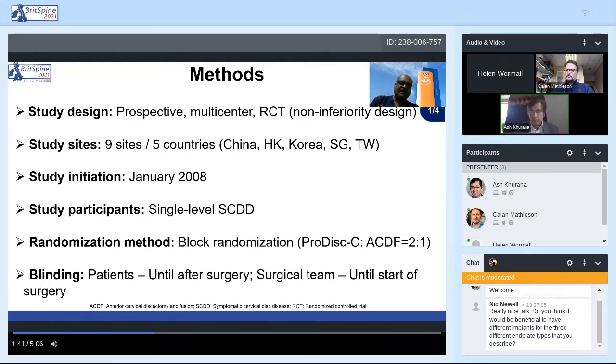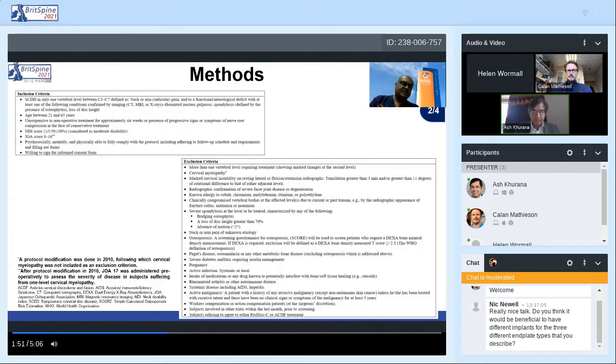It was a block randomization, 2:1 in favor of ProDisc, and the patients and surgeons were blinded until the surgery. This is a busy slide which shows the inclusion and exclusion criteria. The important thing to mention here is in 2010, the protocol was modified and patients with myelopathy were included.